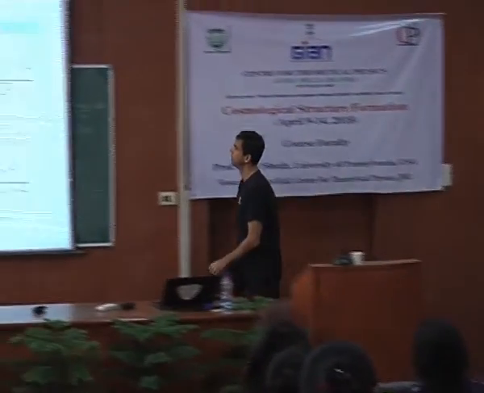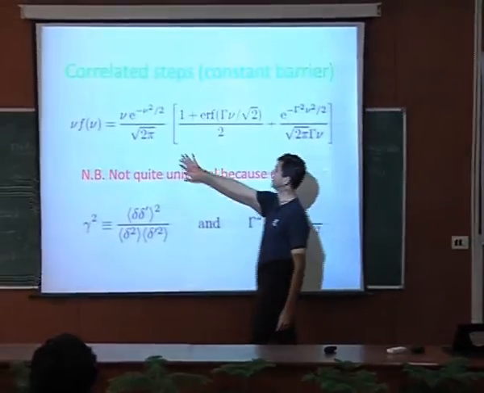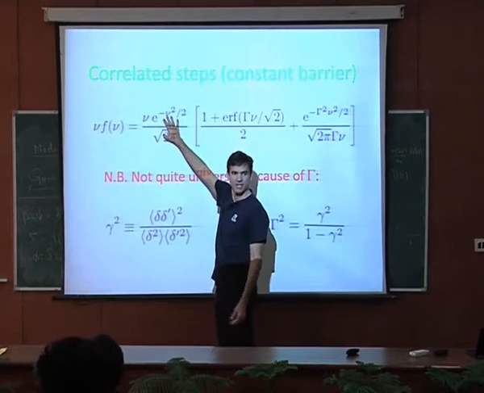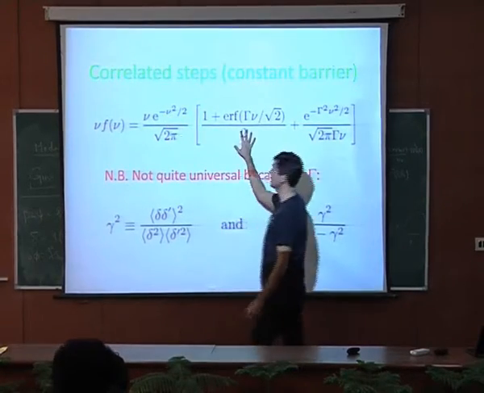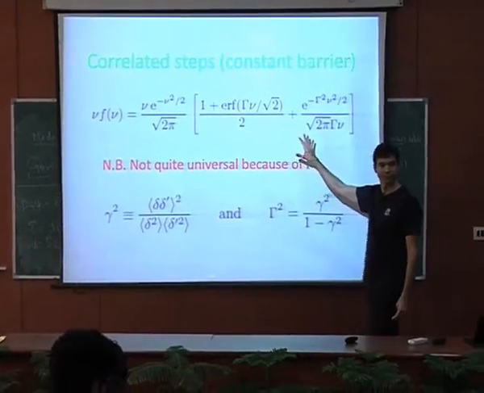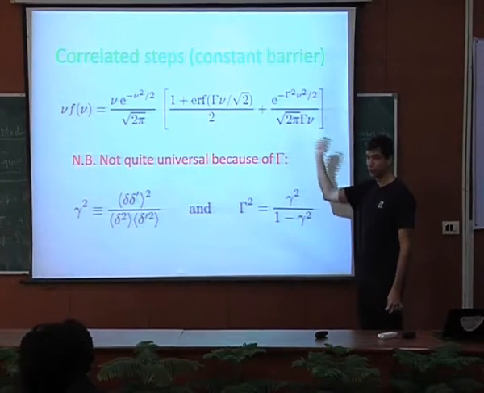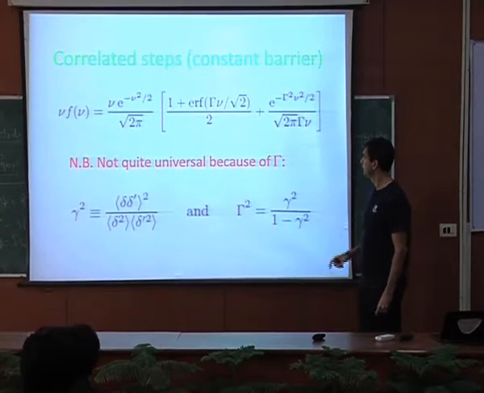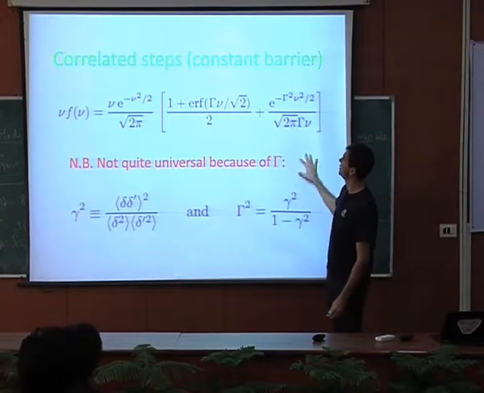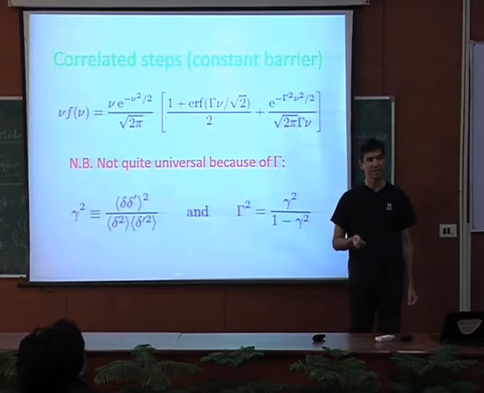And so this piece is like the Press-Schechter piece, and this is the correction to Press-Schechter. This is a correction that goes to unity at large nu. I should have defined nu here. Nu is delta C over sigma.